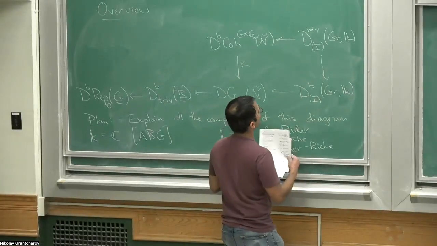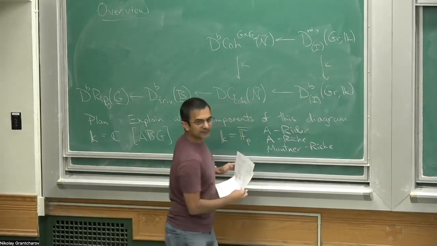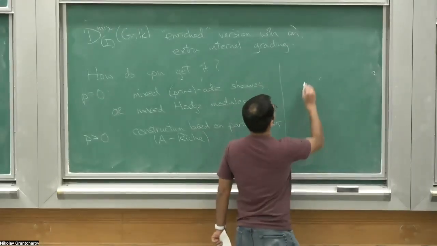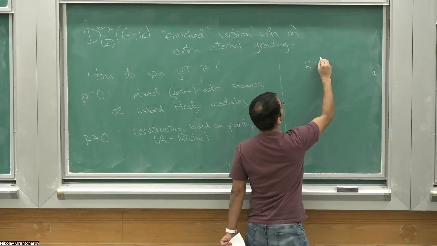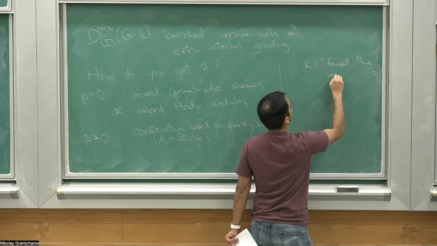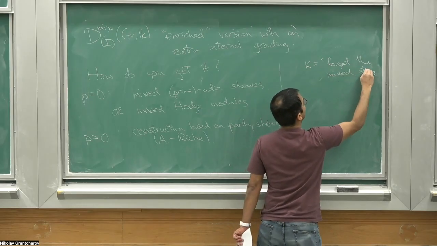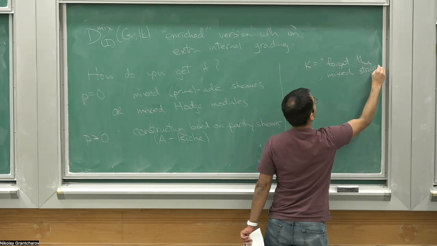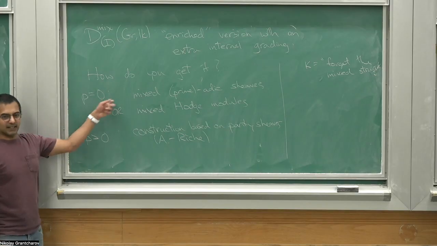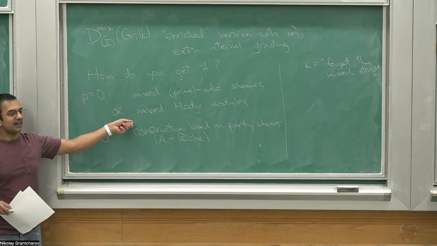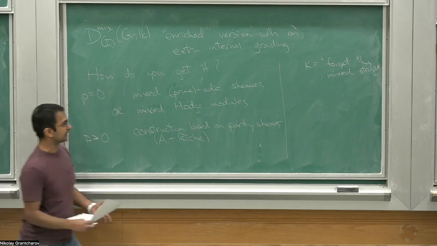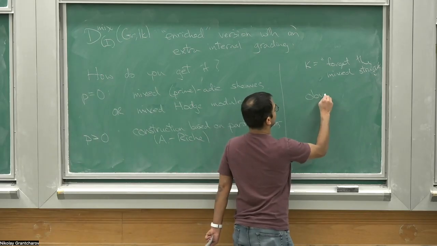There's one arrow here, which I'll also call kappa, and kappa is forget the mixed structure. Well, I haven't been really explicit about what these things are, but with both mixed L-adic sheaves and mixed Hodge modules, what it means to forget to an unenriched kind of sheaf theory is sort of built into the notion.